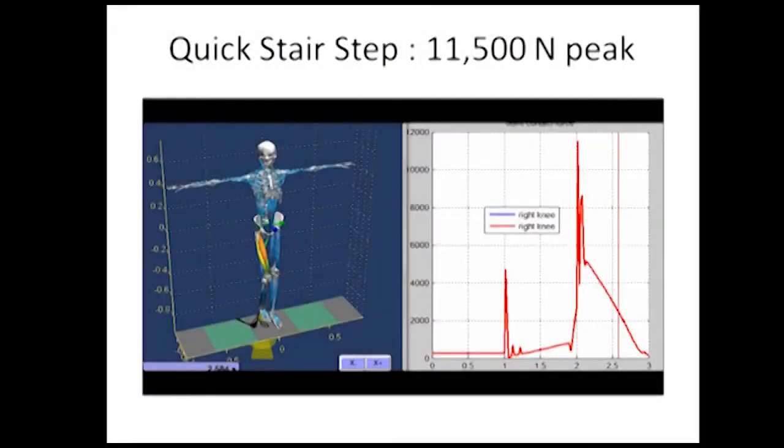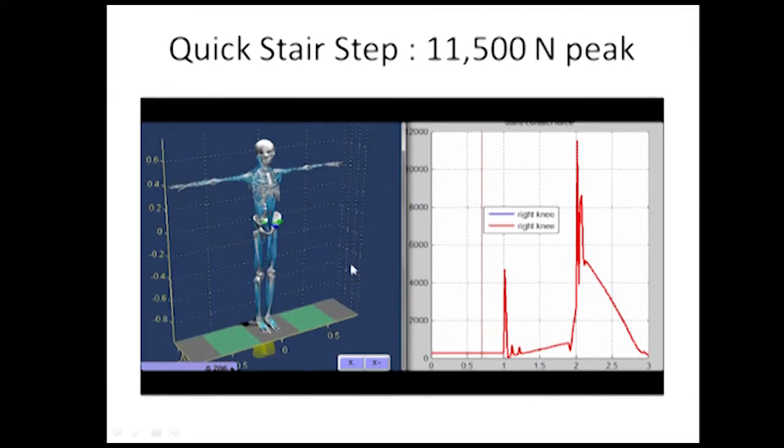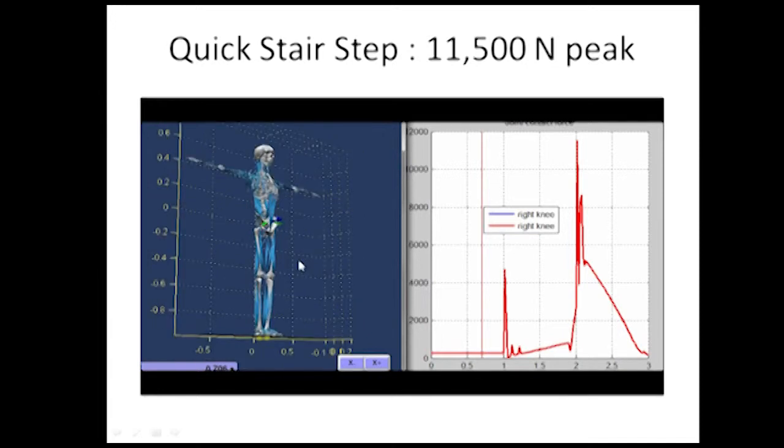Now, as I said before, the speed at which you are moving and applying force, of course, drastically affects the forces. And here we have a quicker stair step, which produces almost double size peak in the force, going up to, according to this simulation, almost 15 times the body weight.